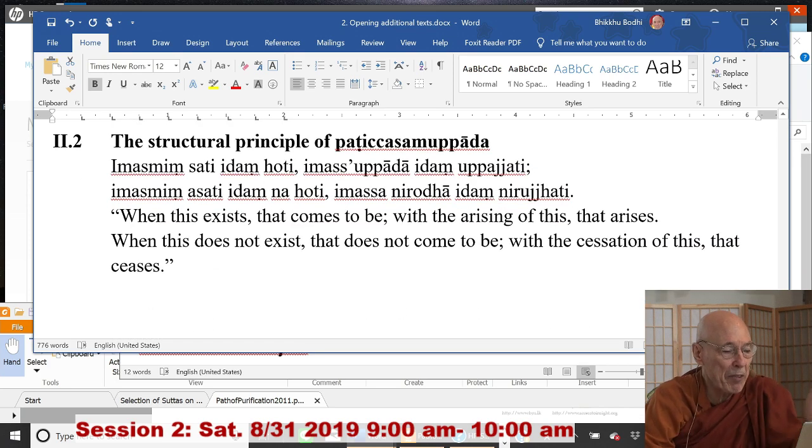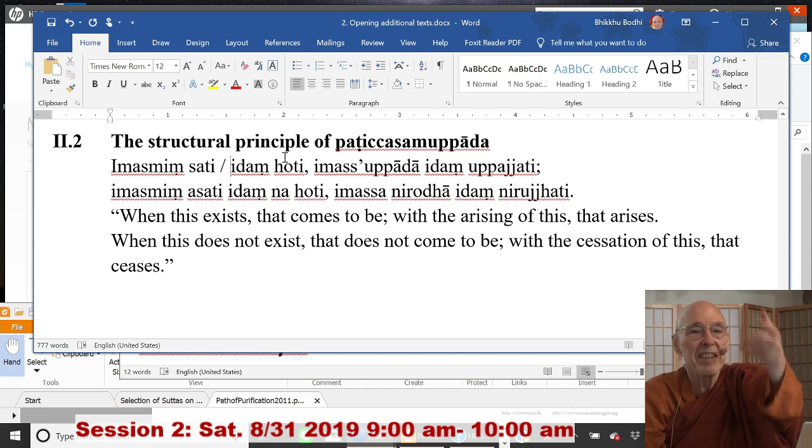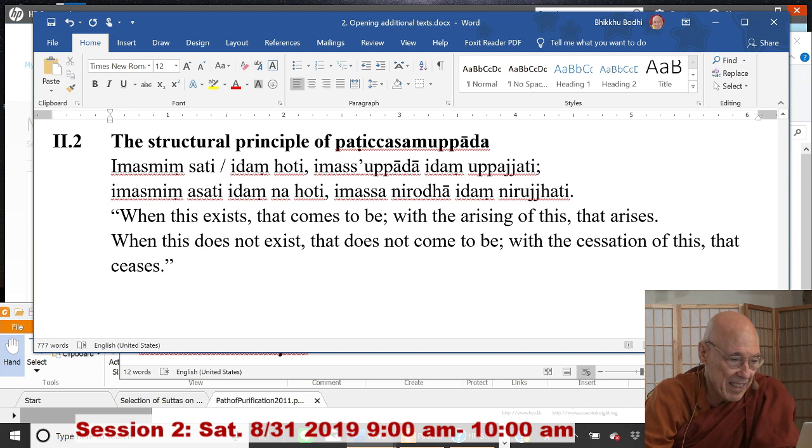So maybe we read together phrase by phrase so that it gets imprinted in your mind. So, imasmin sati, idang hoti. Imasmin sati means when this exists, then idang hoti, that comes to be.